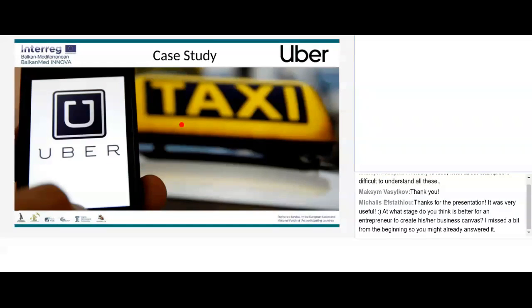So, Michalis, thanks for the presentation. It was very useful. At what stage do you think is better for an entrepreneur to create his or her business canvas? I missed a bit from the beginning, so you might have already answered it. So, Michalis, really good question.